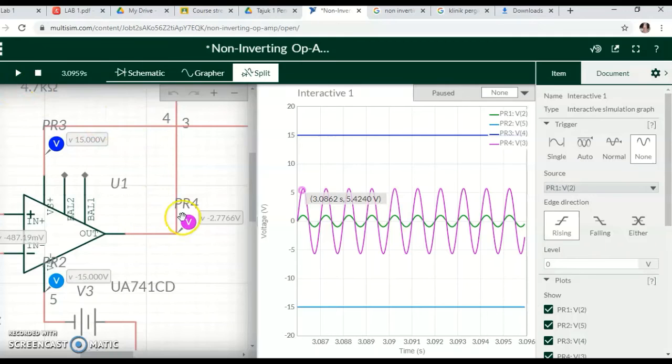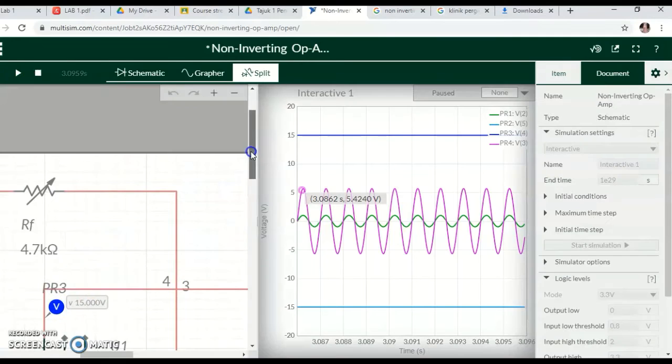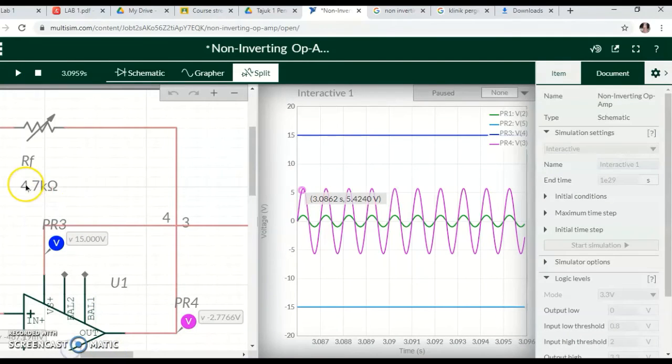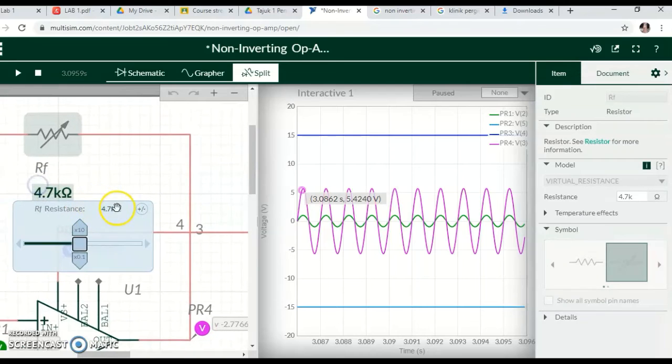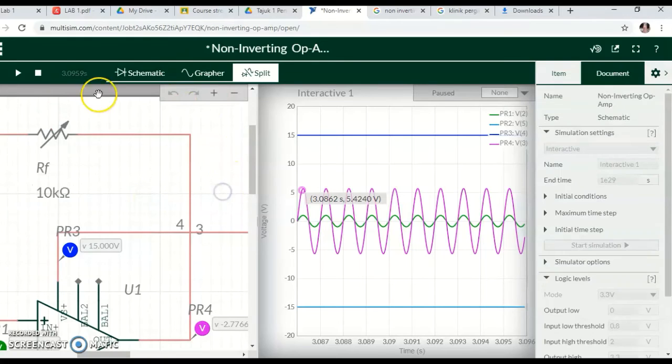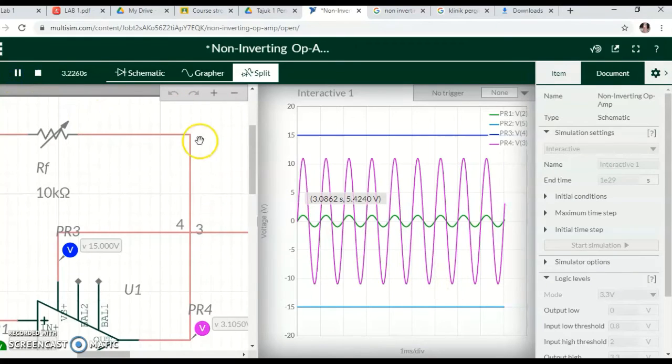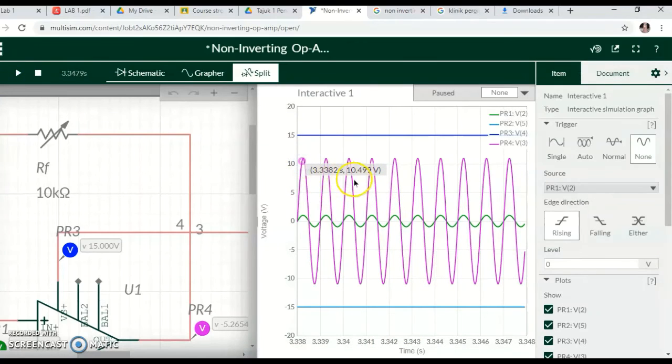Then repeat the step by replacing RF 4.7 kilo ohm with 10 kilo ohm. Then run. After that, we get V out of positive 10.499 volt.